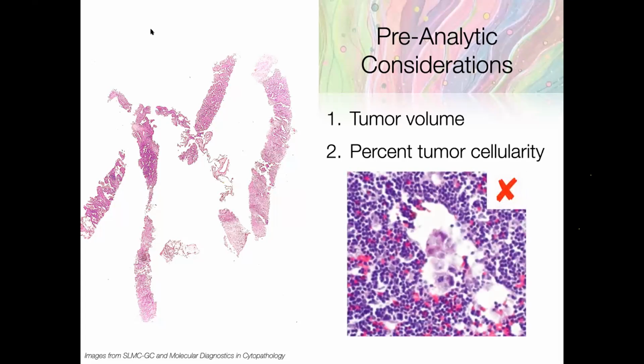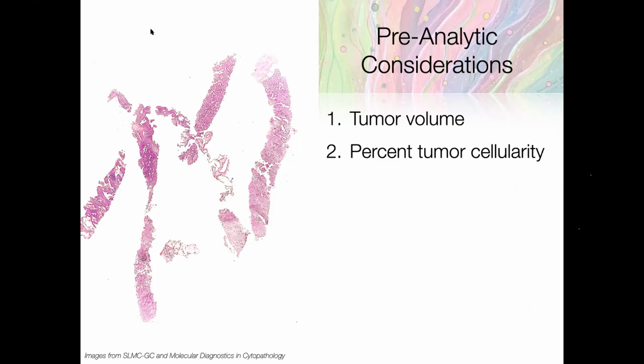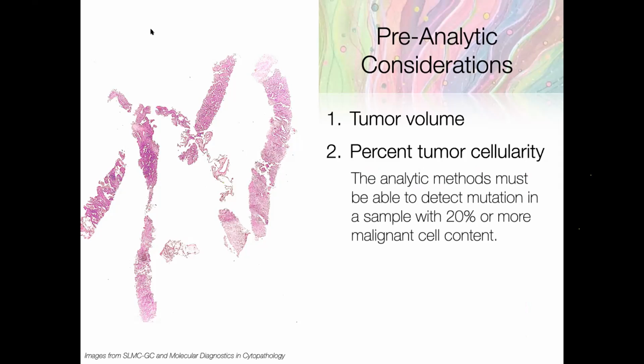Inflammatory cells will dilute the mutant allele fraction, which could then fall below the analytic sensitivity of the molecular testing platform. Necrosis can also alter the quality of the DNA isolated. So what is the minimum cellularity? Well, it depends on the analytic sensitivity of your molecular assay. Because many lung cancer samples are small and comprise a majority of benign stromal cells, the guideline recommends that the analytic methods must be able to detect mutation in a sample with 20% or more malignant cell content.